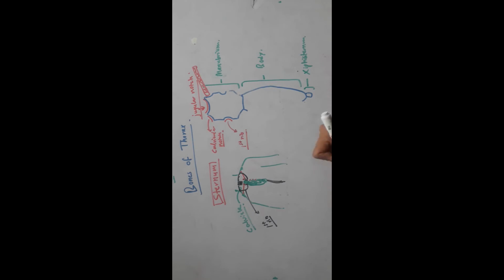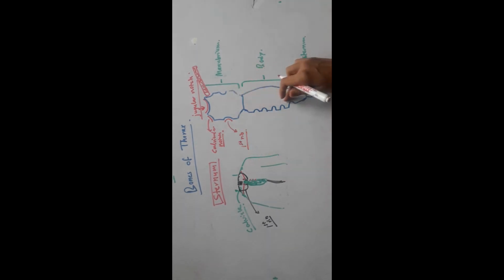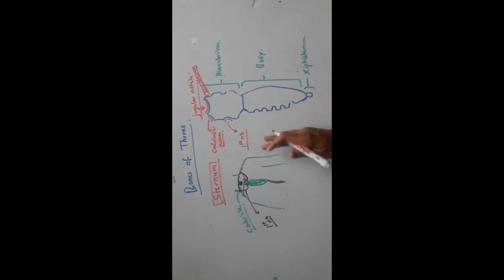It's kind of like this: first rib, second rib, third, fourth, fifth, sixth, seventh. As you can see, moving downwards, there are different grooves, different notches for corresponding ribs.